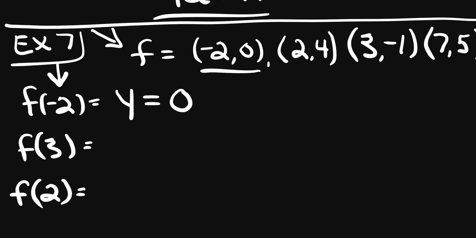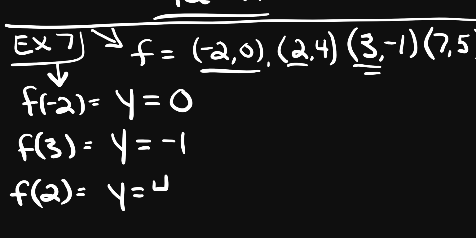And that's a good reason why right there. So f of 3, I'm looking for 3 in the x coordinate, and there's 3. So my value for y is going to be negative 1. And f of positive 2, that's here. So my result is going to be y equals 4.